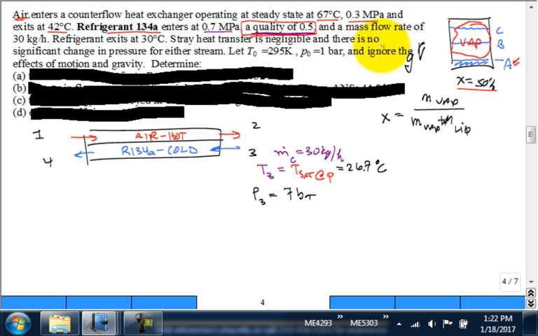We're understanding this problem. The mass flow rate of the refrigerant is given. The refrigerant enters at 26 and exits at 30 degrees C, and there's no significant change in the pressure. How do you describe state 4 coming out?